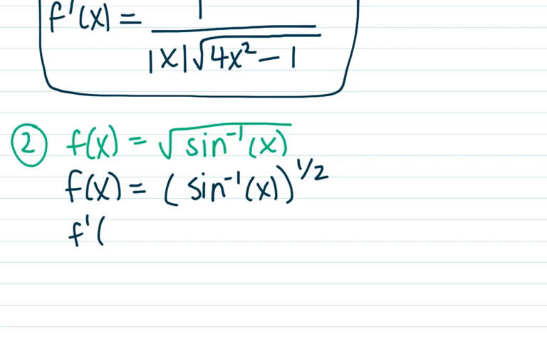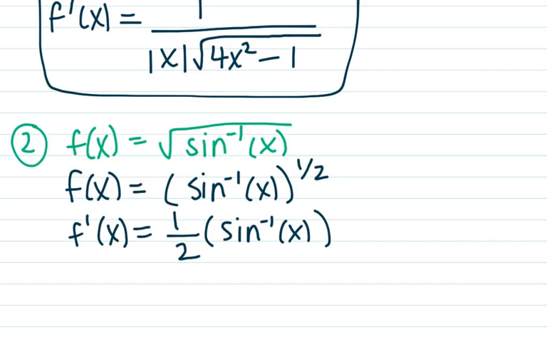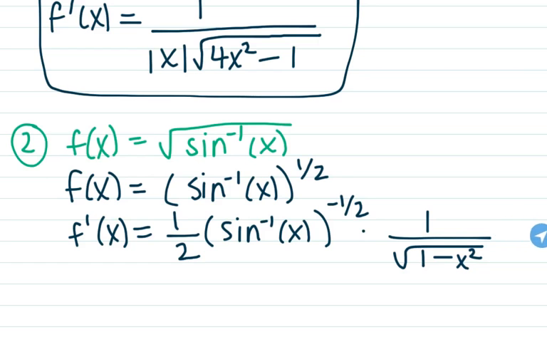When we find the derivative, we take the derivative of the outside function first, leave the inside function, and that will become a power of negative 1/2, times the derivative of our inside function, which is going to be 1 over the square root of 1 minus x squared. And it's just an x squared here because we were just taking the inverse sine of x. Now, if this weren't just an x, if this had been a 2x like the problem before, we would still have one more chain to do, but in this case we're good to go.